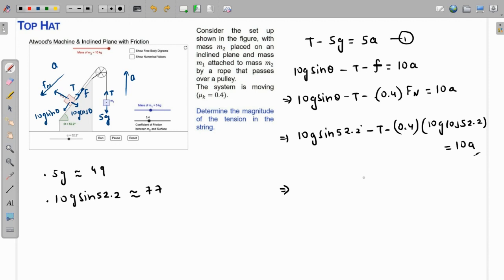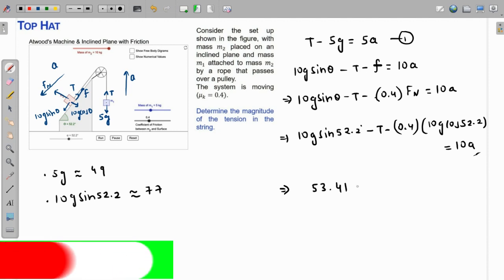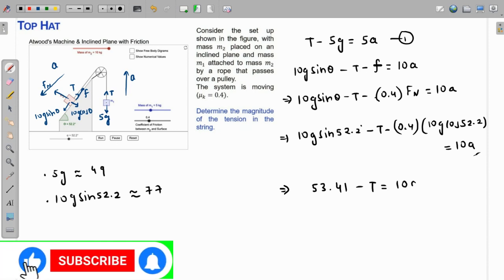That's 0.4 times cos of 52.2 and sine of 52.2 minus this value, times 10 times 9.8. So this value comes out as 53.41 minus T is equal to 10a. Let's call this one equation 2.